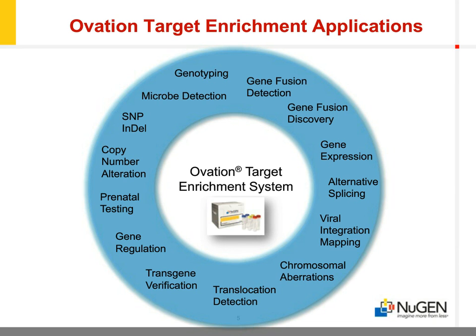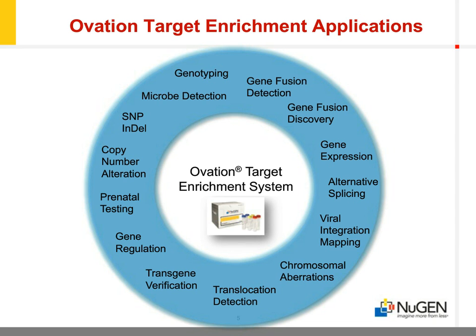Other disease-related applications include viral integration mapping, pathogen characterization, or identification of germline aberrations. Fundamental research can also be facilitated in discovery of gene fusions or focused measurement of gene expression and alternative splicing. These are just a few of the many applications that can be addressed within a single workflow and often within a single assay and sequencing run.